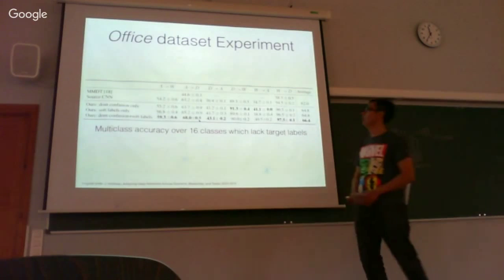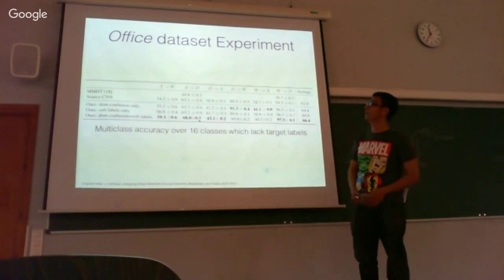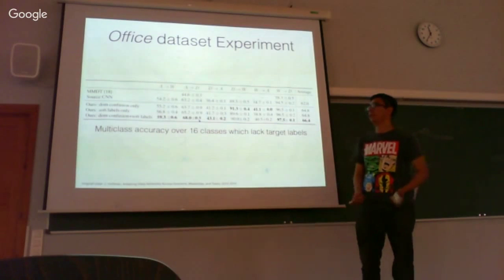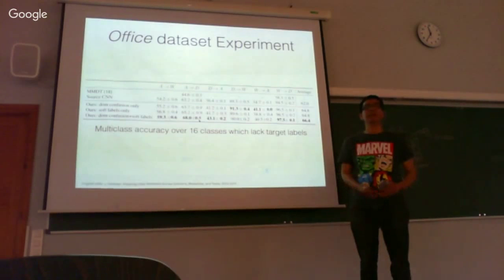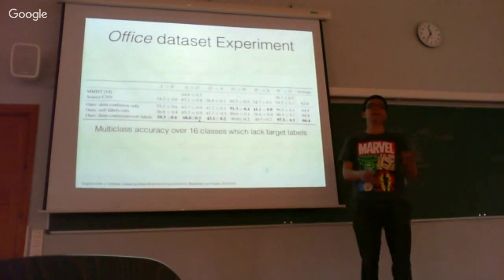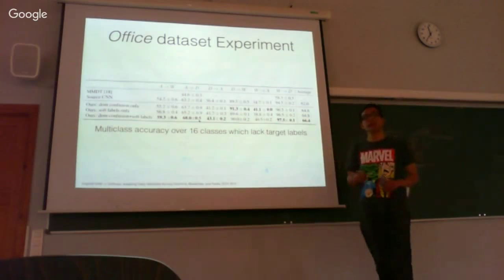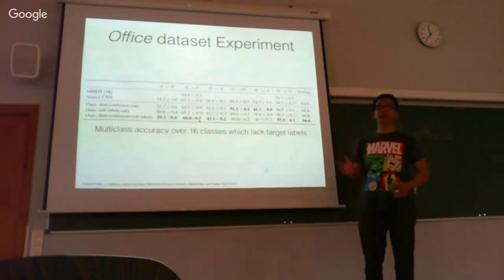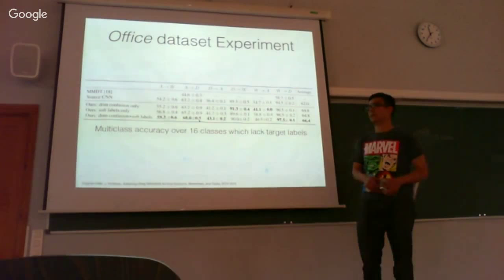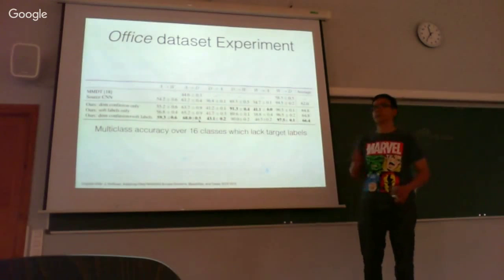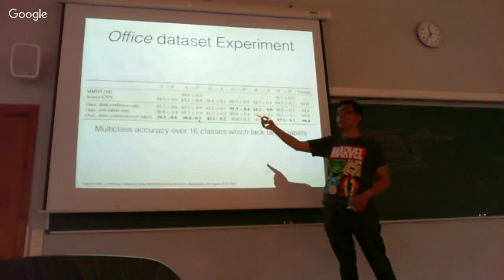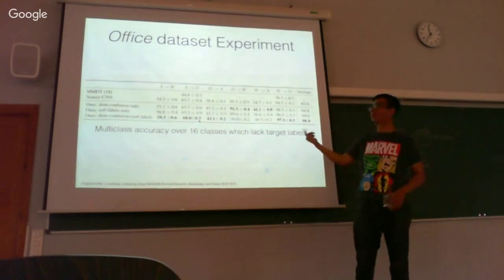Can you explain the data? Yeah, sorry. Here we originally have three data sets, so they have to adapt from one to the other one. So the result is that we have six tests. For example, the first one comes from Amazon to webcam.